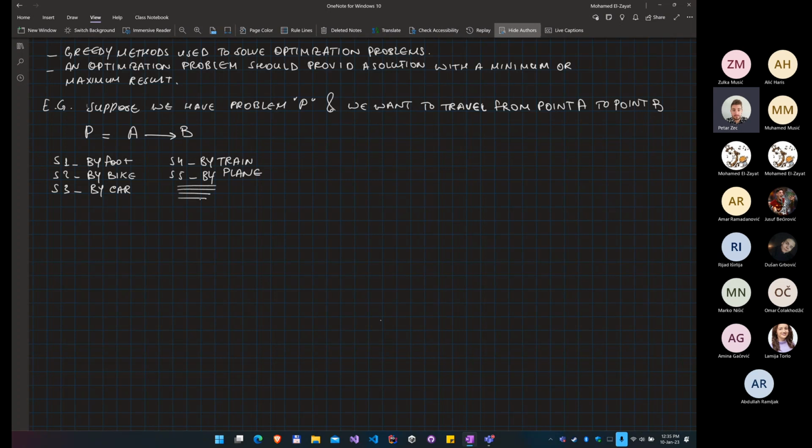Now your solutions will be limited. You will not consider by foot, by bike, or by car, because none of them will satisfy this constraint. So a constraint can be introduced for this problem.